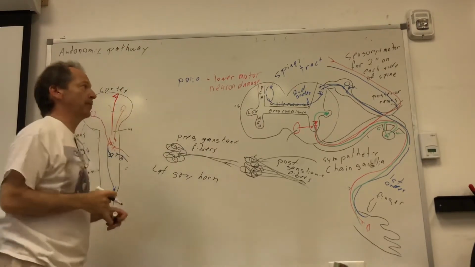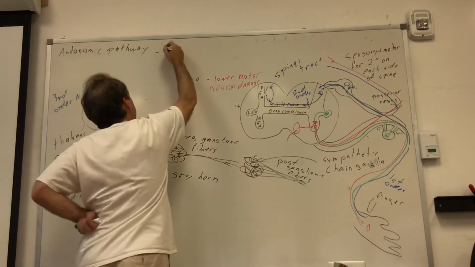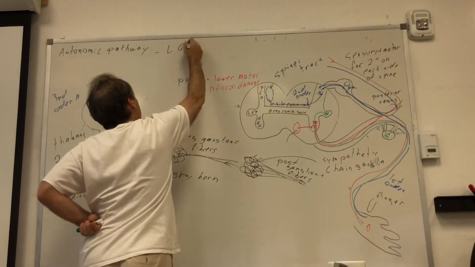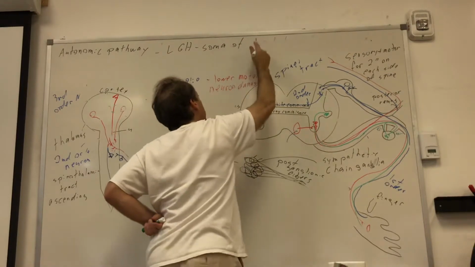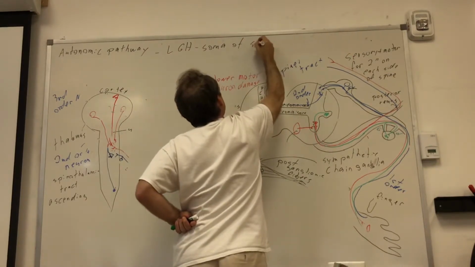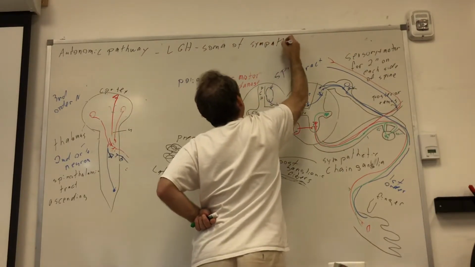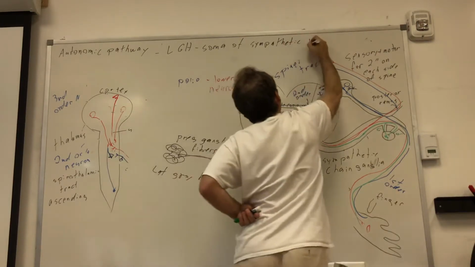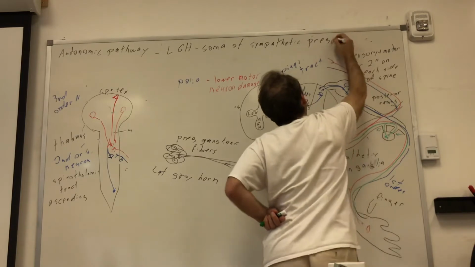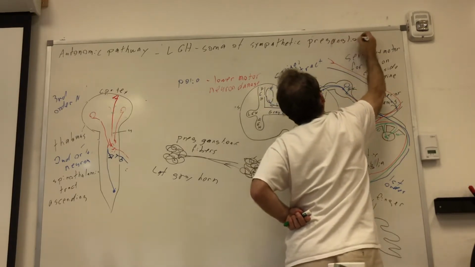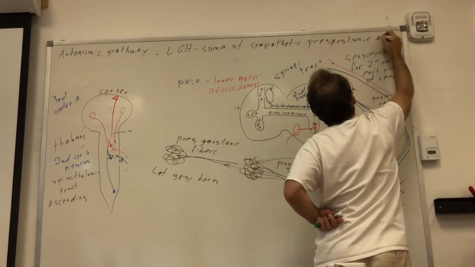The autonomic pathway: the lateral gray horn is the soma of sympathetic preganglionic neurons.